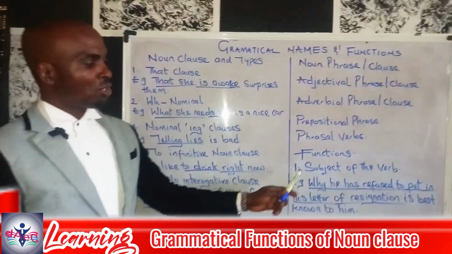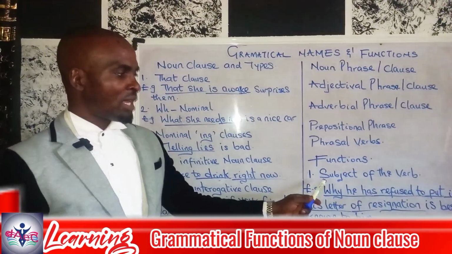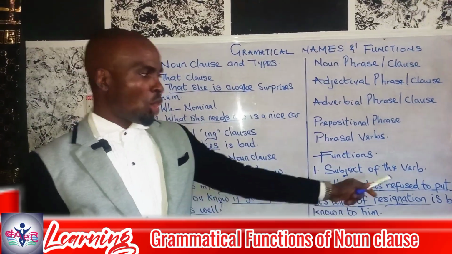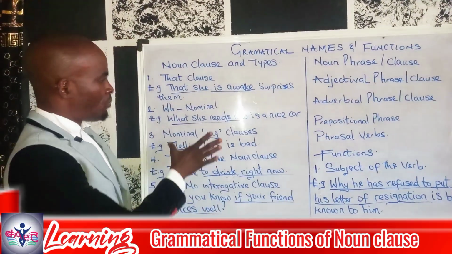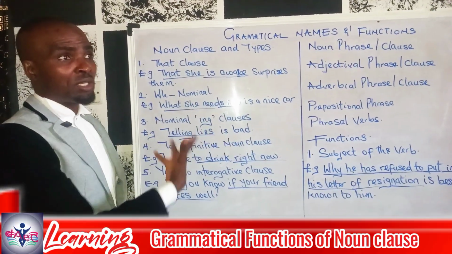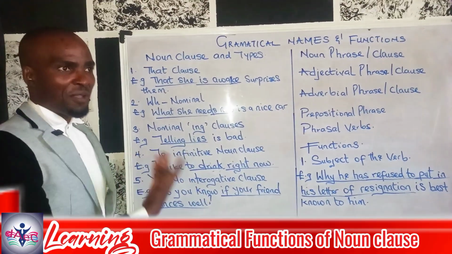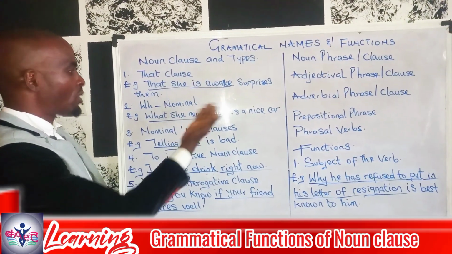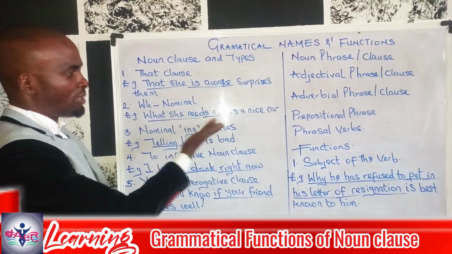But today we are going to quickly look at examples under the function subject of the verb. Most of the illustrations we have here perform the subject because they begin the sentence. They are the performer. For instance, "that she is awake" is the subject here. "What she needs now" is the subject here.